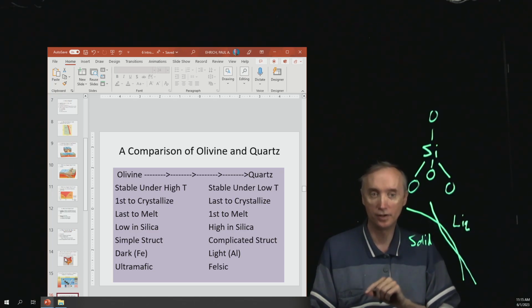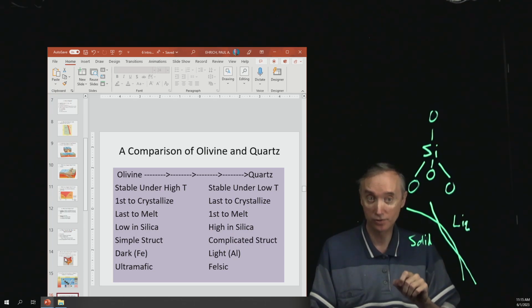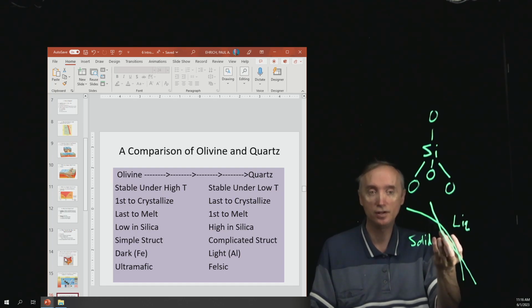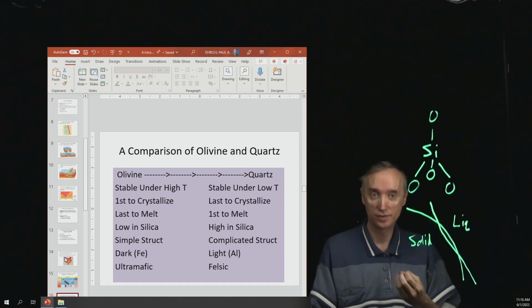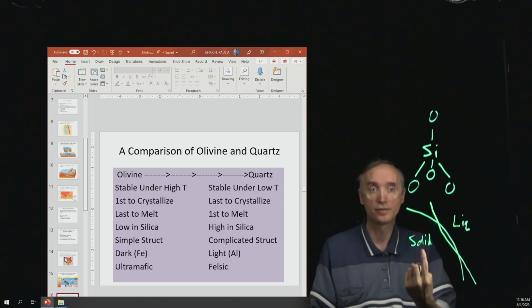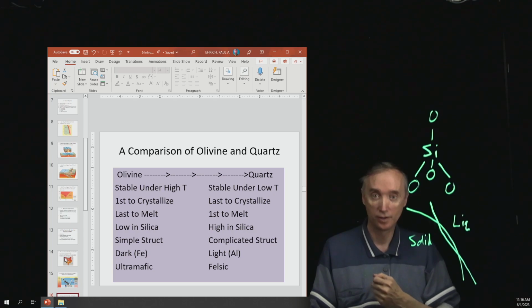If you take olivine and put it at the surface of the earth, where it's at low temperatures, olivine will very quickly begin to decompose into other substances. So olivine is stable under high temperatures inside the earth. Quartz is stable at the surface of the earth.